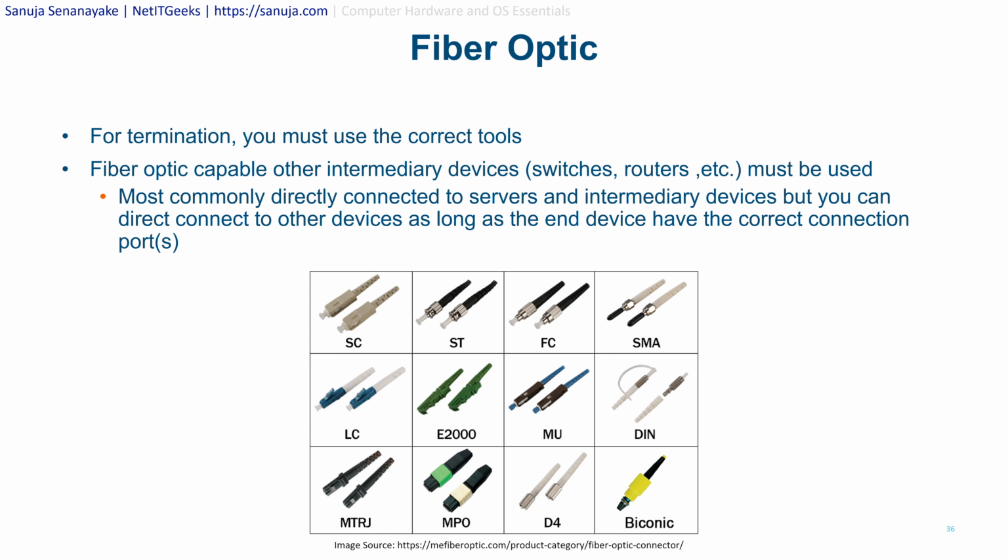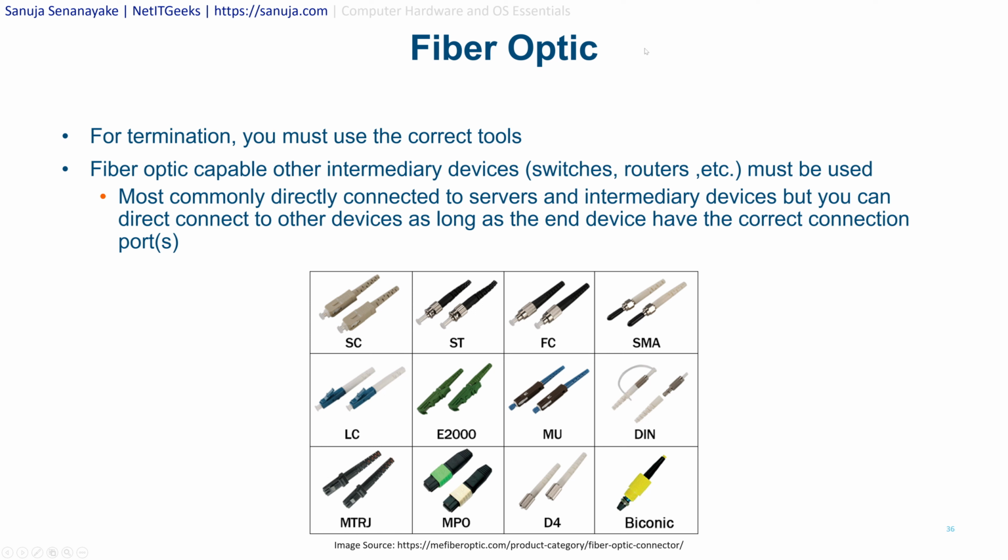For example, you need to have fiber optic support, SFP connectors, for example. Most commonly, fiber optic is used for direct connections of servers and intermediary devices, but you can also directly connect to other devices as long as the end device has the correct connection port. So keep that in mind.